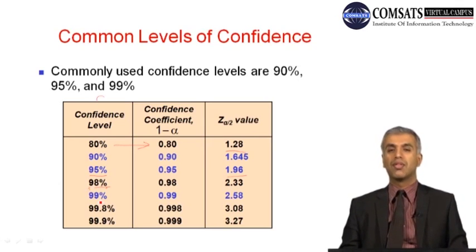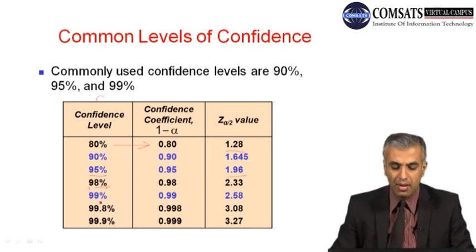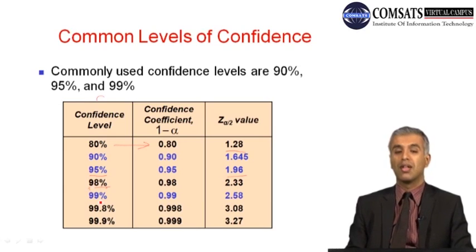For example, in medical sciences this confidence level would be 99.9%, because people would like to avoid any kind of risk in calculating any crucial figure with less than a confidence level of 99.9%.